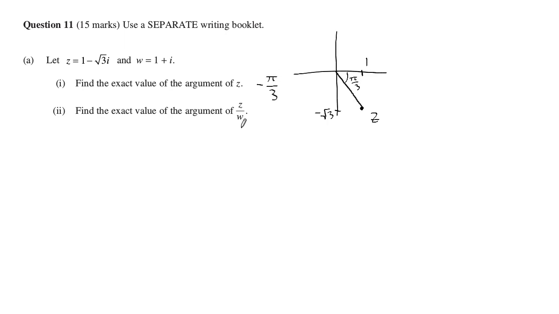For part 2, you might think, okay, let's work out what z over w is, but that's going to be kind of messy and not easy to work out the argument of. So instead what we should do is work out the argument of z and subtract the argument of w, because when you divide complex numbers, that'll subtract the angles. So the argument of z is negative pi on 3, and then the argument of w, so w is 1 plus i, which is up here.